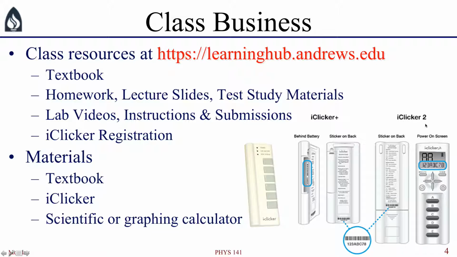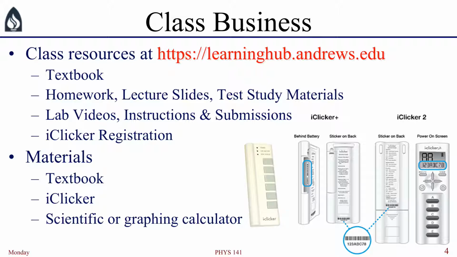For every generation of iClicker, there should be a sticker on the back with a barcode, and underneath that barcode is an identification number. If you have the iClicker 2, the identification number will also pop up when you first turn the device on. So this identification number uniquely identifies your iClicker device.